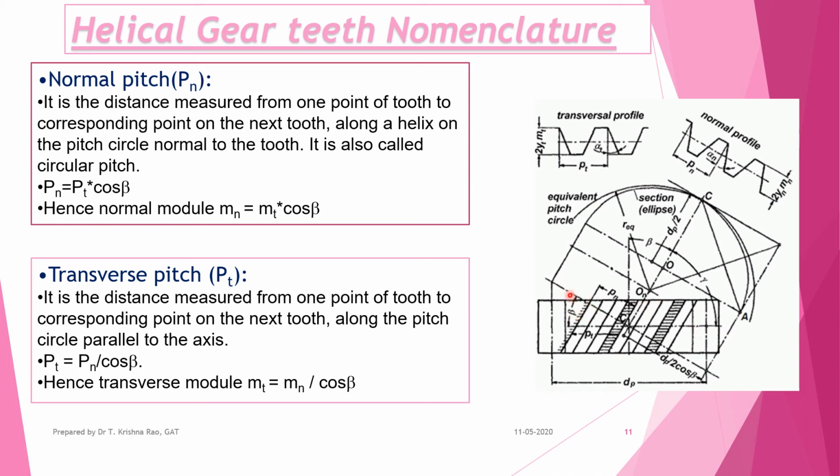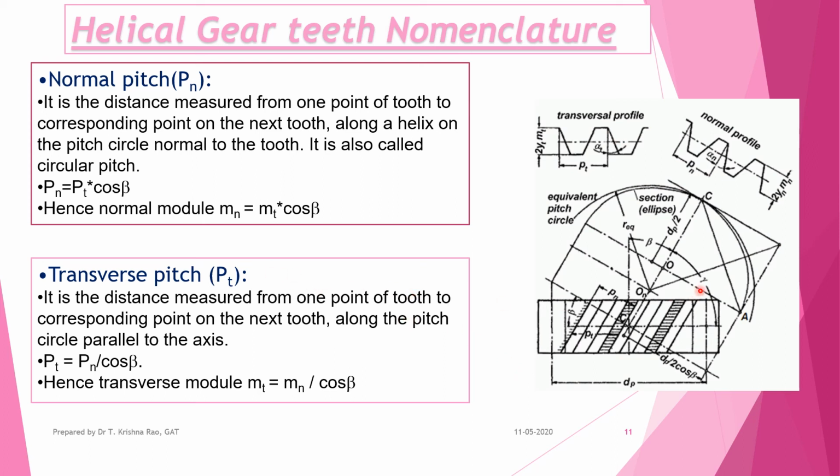When you take a section perpendicular to the tooth, this is called the normal section. All gear parameters are true size in the normal plane only. You have standard module and standard pressure angle, all valid in the normal plane, not in the transverse plane.